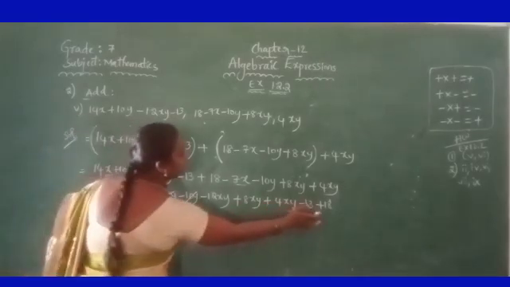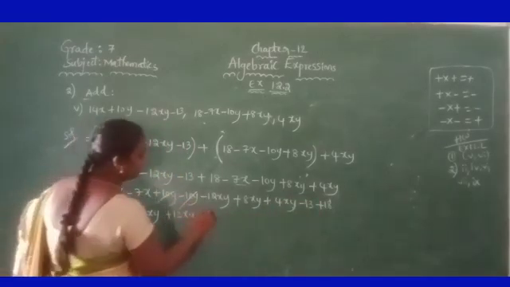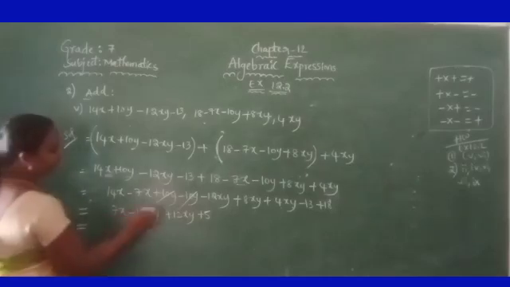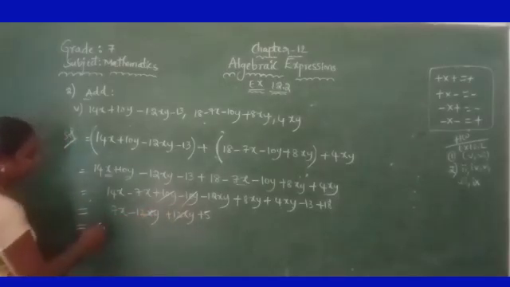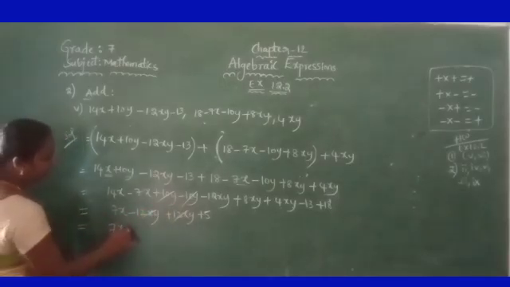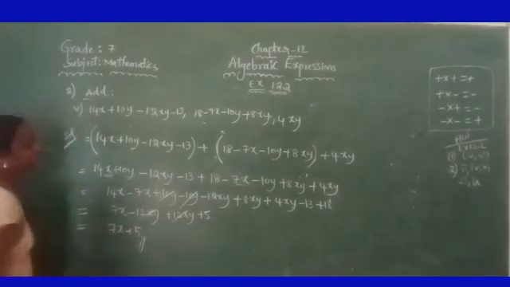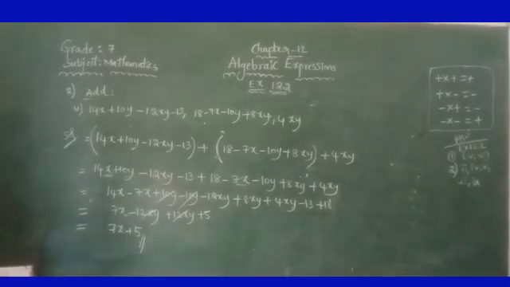Then minus 13 plus 18, very good, plus 5. Both the xy terms cancel. So what is the remaining expression? 7x plus 5 is the final expression. Is it correct, children? Yes, 7x plus 5 is the correct answer.